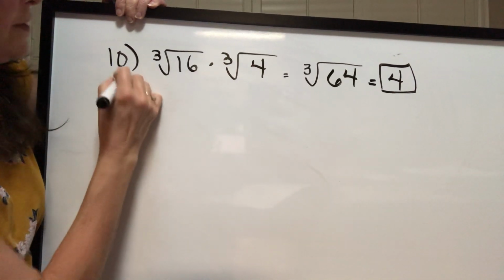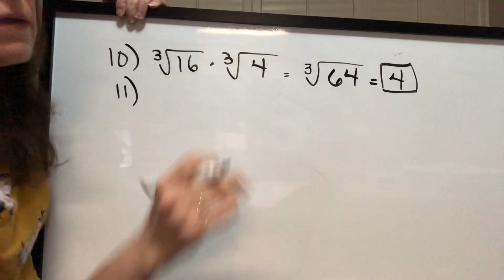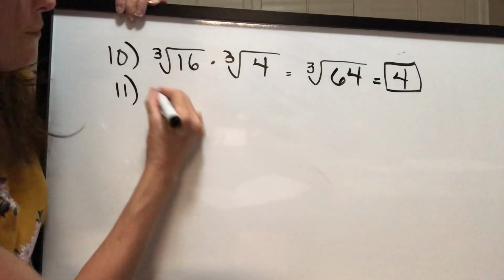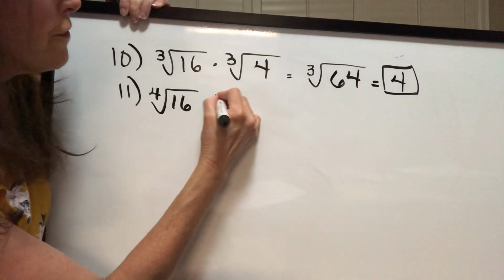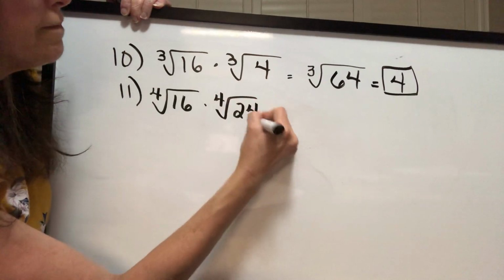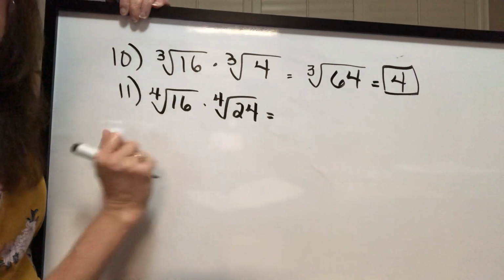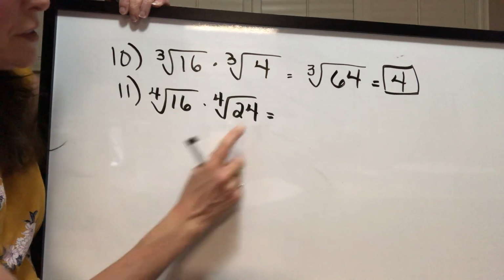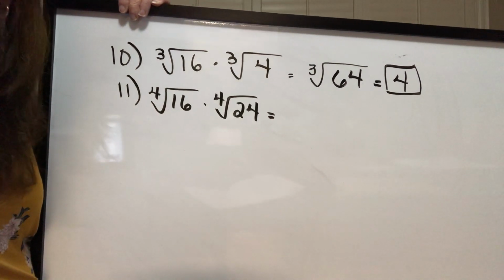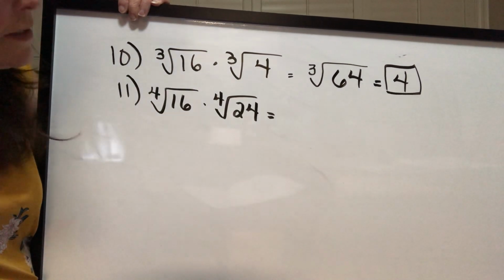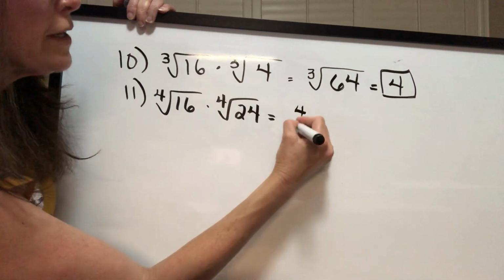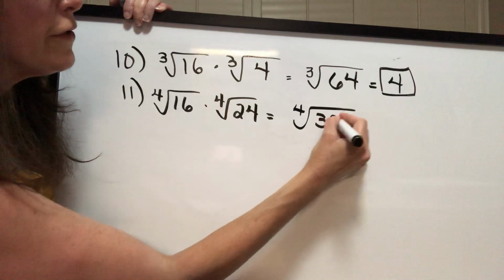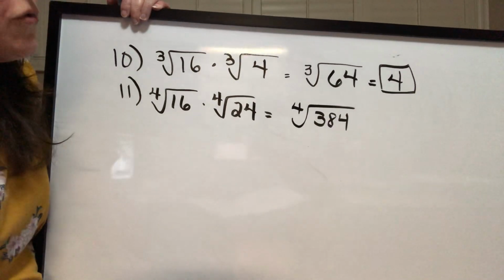Okay, number 11, we've got the 4th root of 16 times the 4th root of 24. They're both 4th roots, so you can multiply the numbers inside. I don't know that one off the top of my head. Let me figure it out. 16 times 24 is 384. So you keep it as a 4th root, but put 384 on the inside. Can it be simplified?